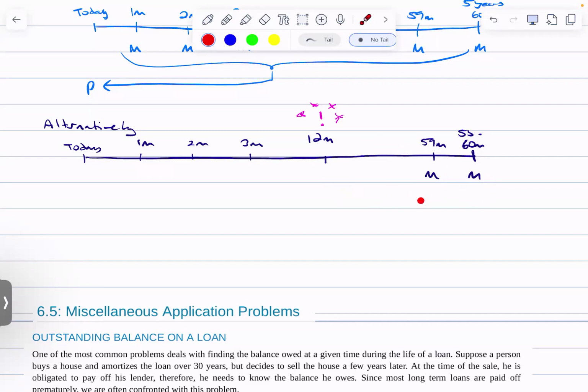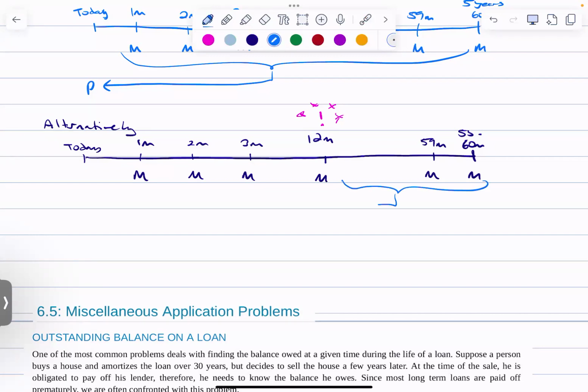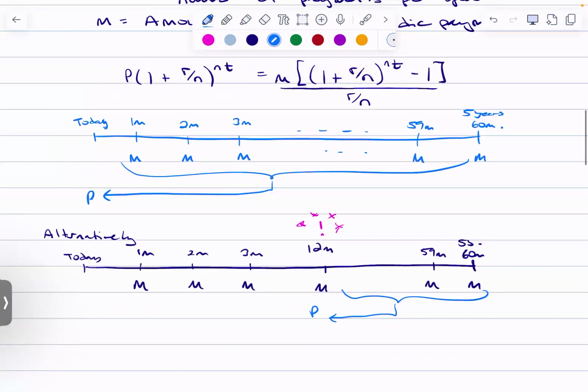And so the bank says, all right, you already paid these. These are all done. But now what we want to do is take these amounts, and they'll be worth some amount P. This looks the same to me. It's just a little bit longer, or I guess the first one's a little bit longer because it's the entire period of time.